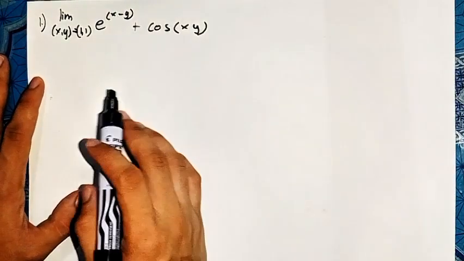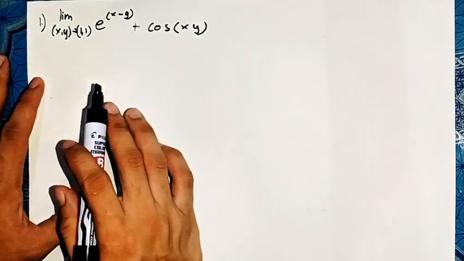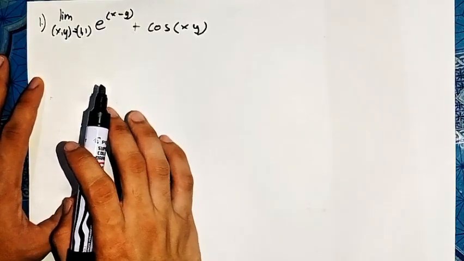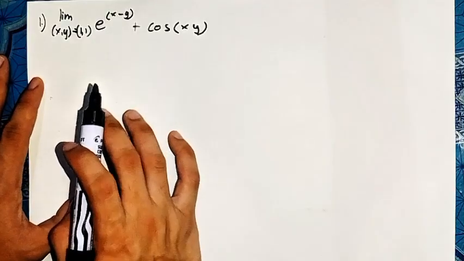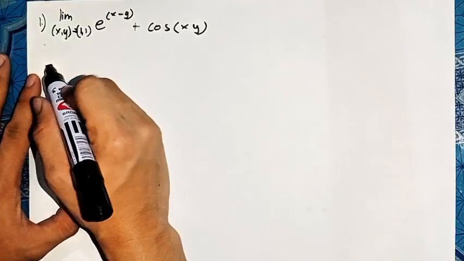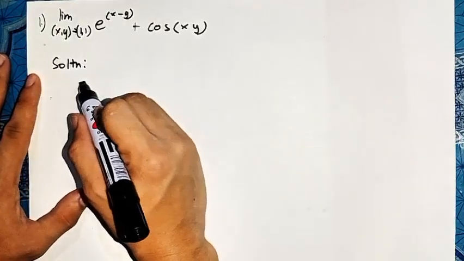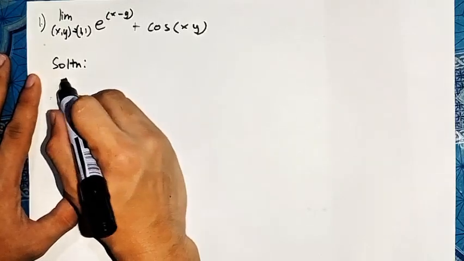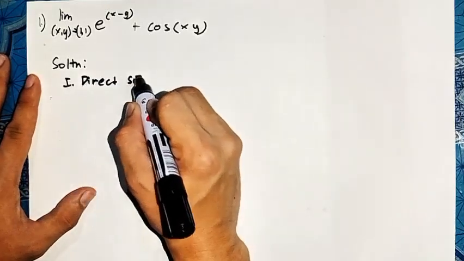In solving this problem, we will use the first technique in limits, which is substitution. That is the first thing that we need to do. Now let's try to solve. We have direct substitution first.